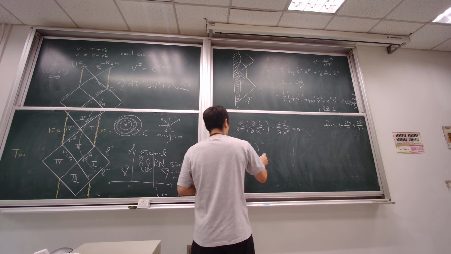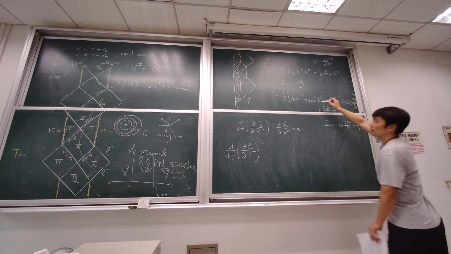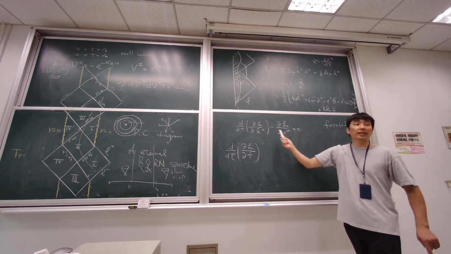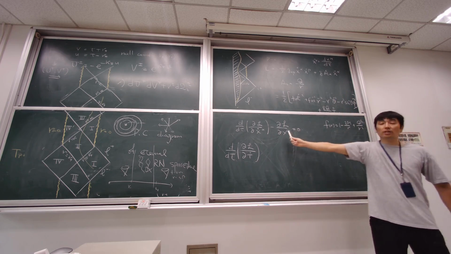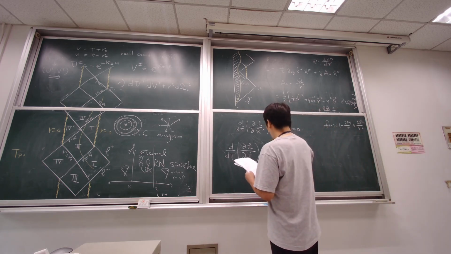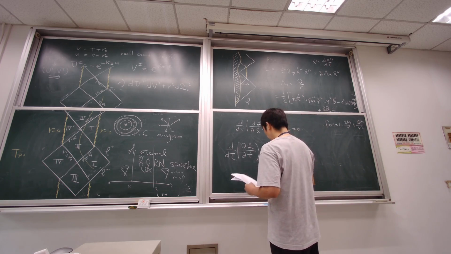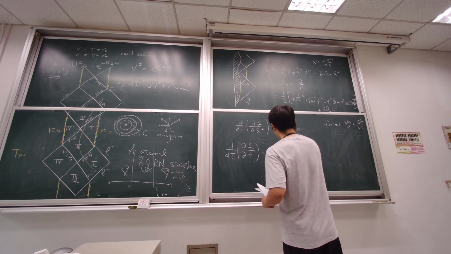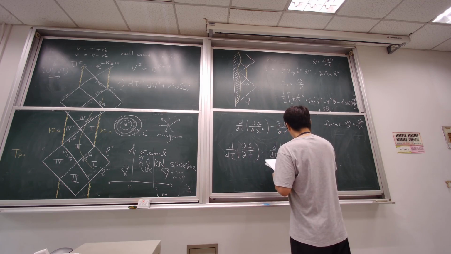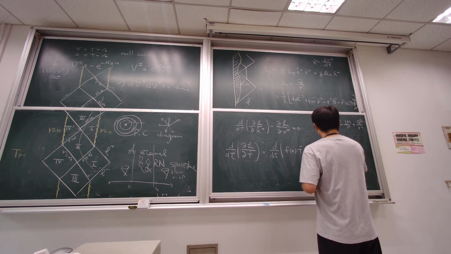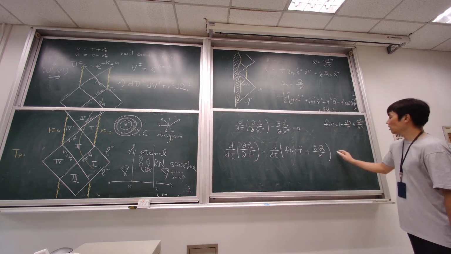There is no t dependence in the Lagrangian, so if you replace x alpha by t, the second term does not contribute. Then this is equal to d over d tau of f of r t dot plus q Q over r, equal to 0.